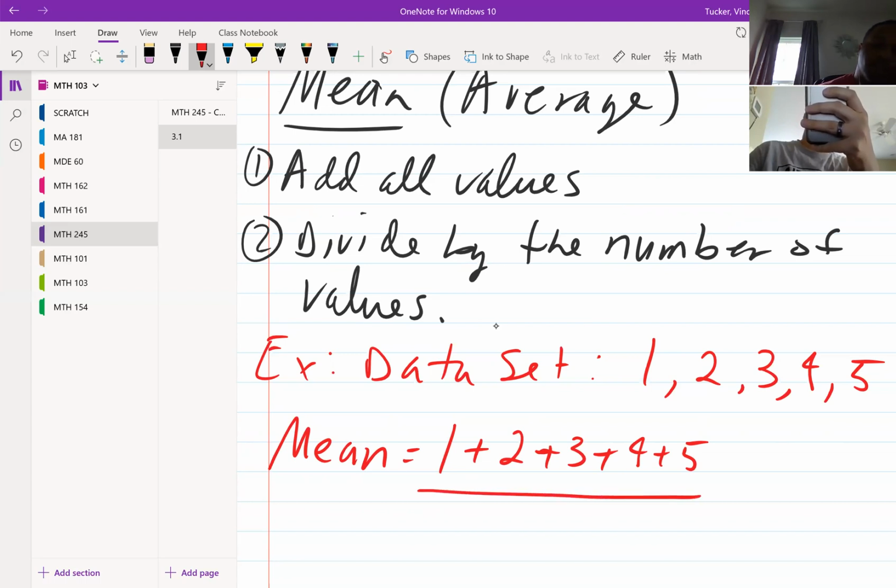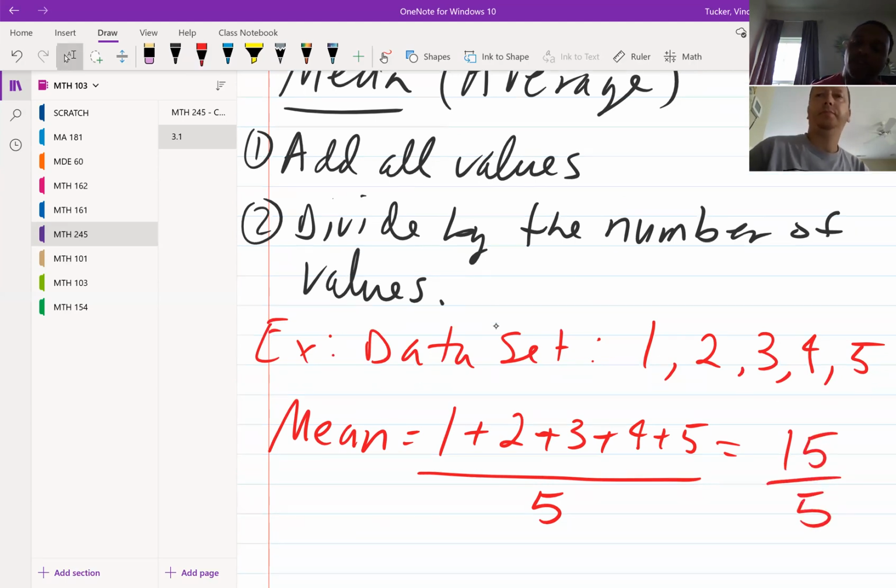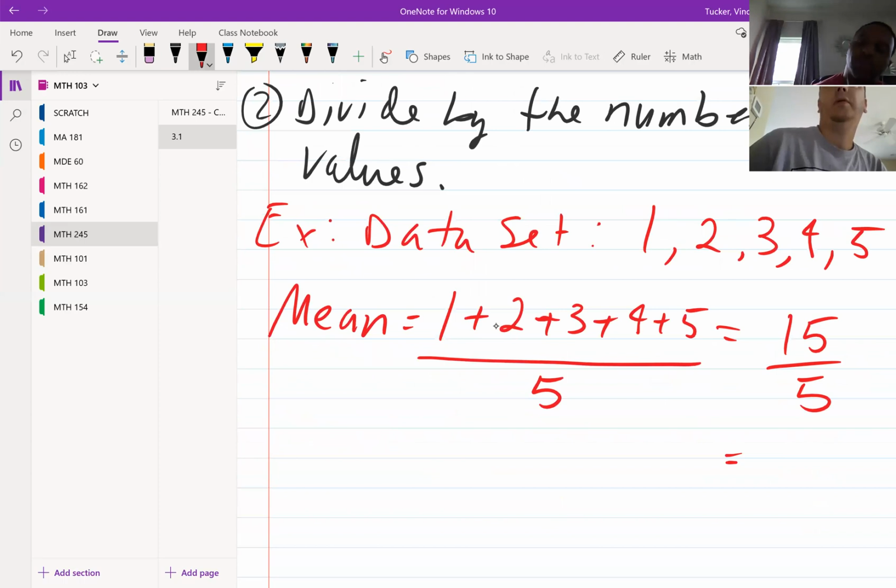Add them up. We have 5 data values, so we divide by 5. So that's 15 divided by 5, which is 3.